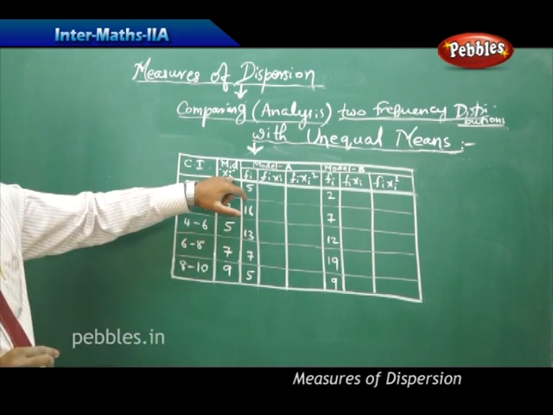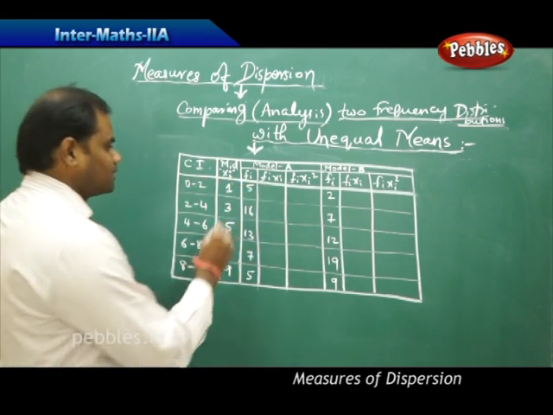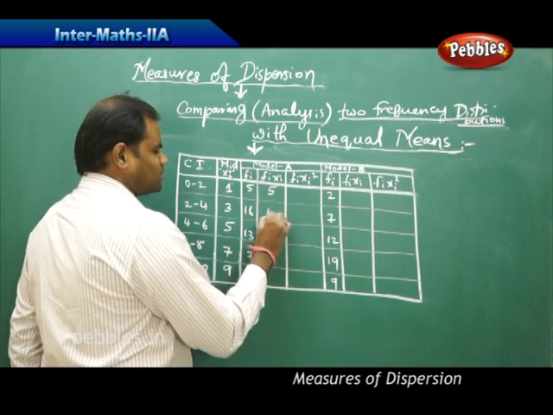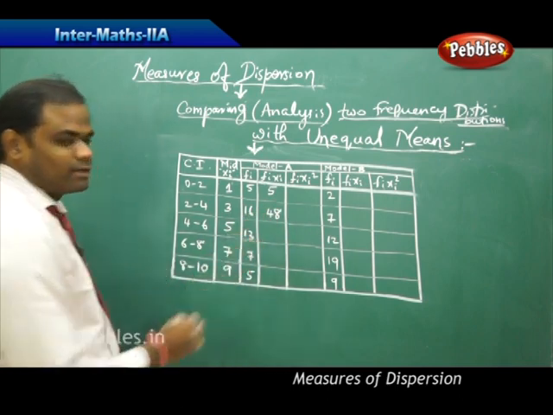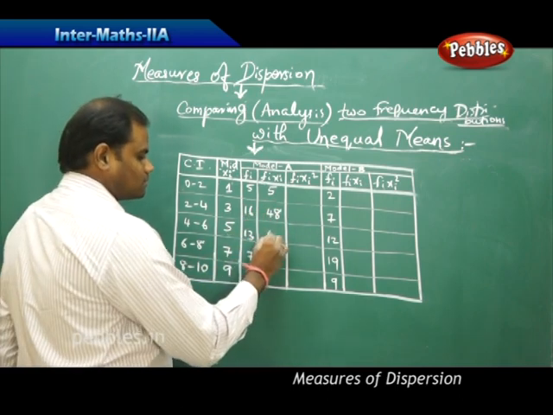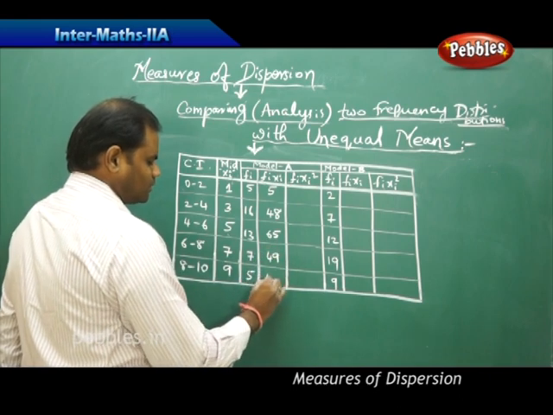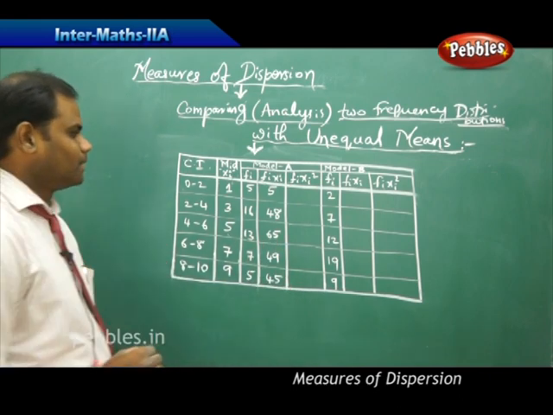Now that I have obtained xi, I can find fi xi: 1 times 5 is 5, 3 times 16 is 48, 5 times 13 is 65, 7 sevens are 49, 9 fives are 45.